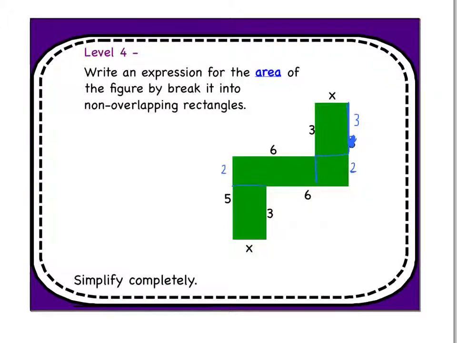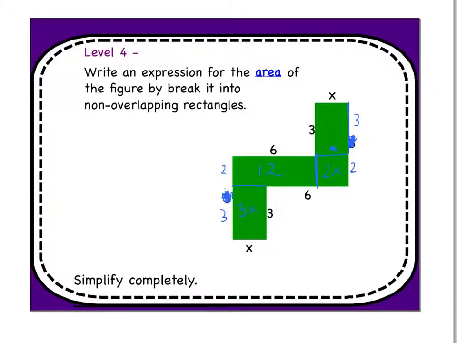Go like this. So here, this would be a 3 right here if that whole thing is 5. So this is a 3 by x, or 3 times x, which gives us 3x. Here for this section we have 2 times 6, which gives us 12. Here we have 2 by x, so that would give us 2x.